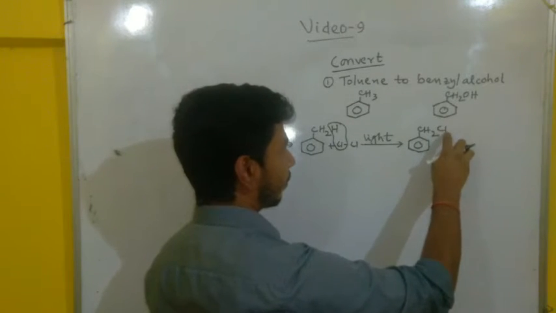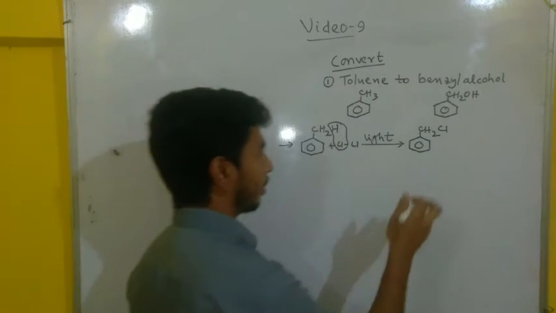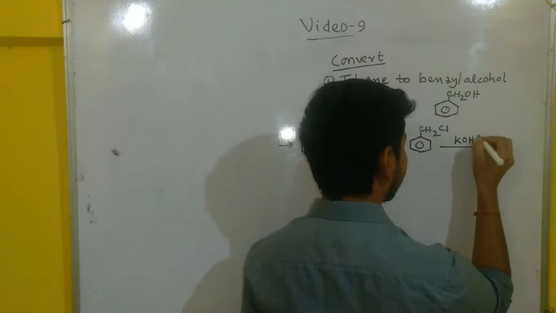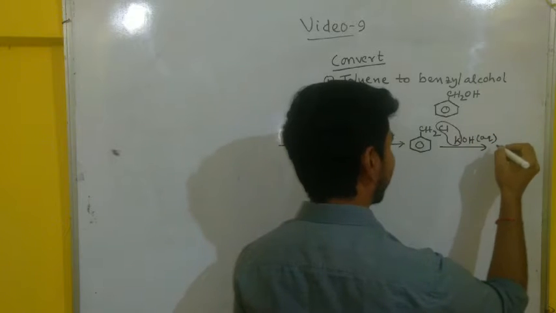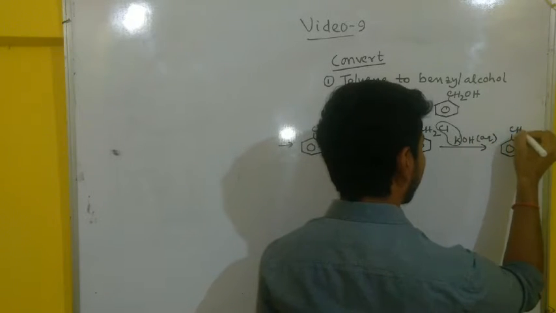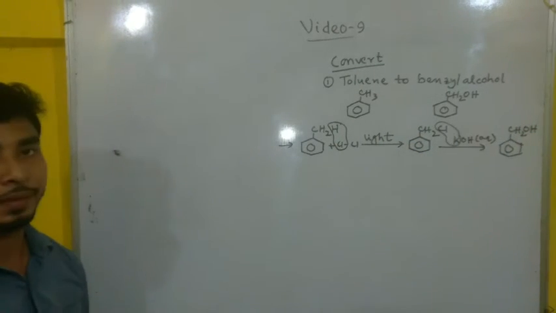Now the Cl group has to be replaced by the OH group. So the reagent here is aqueous KOH. So K and Cl, KCl is removed. So now we get benzene CH2OH, benzyl alcohol.